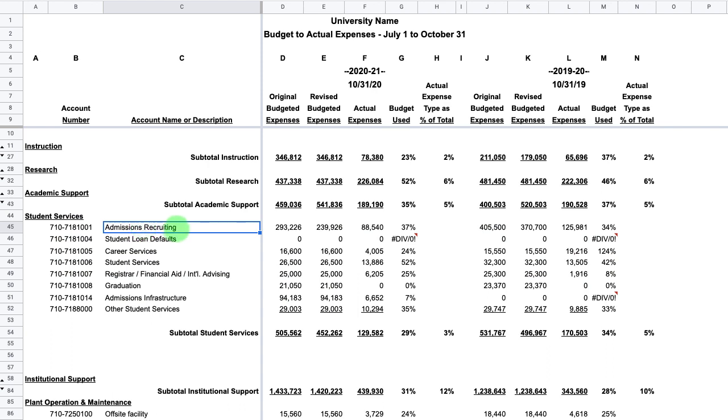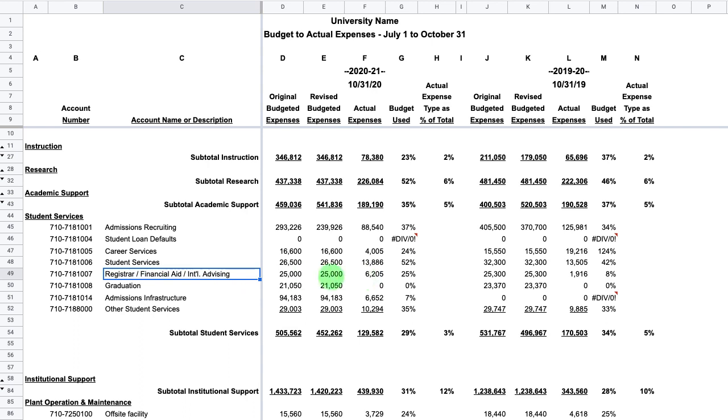Here's an account for admissions recruiting, student loan defaults. You can see there has been nothing budgeted and nothing hit the expenses in that category. Career services, student services, that's enrolled student services on an ongoing basis. Registrar, financial aid office, and international advising or international student services, that all shared one budget.